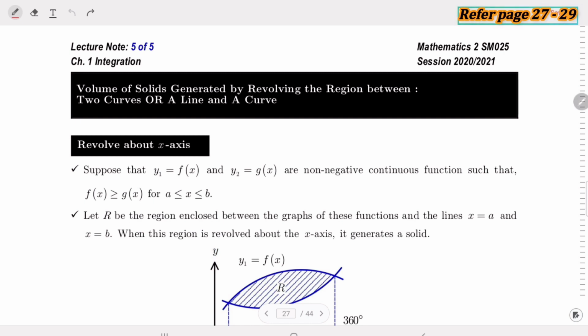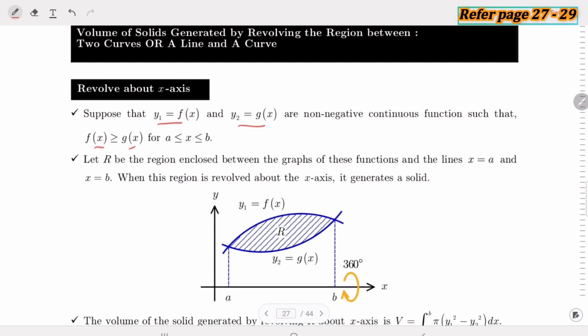Firstly, let's have a look at when the volume is revolving about the x-axis. Suppose that y1 equals f(x) and the other function, y2 equals g(x), are non-negative continuous functions, such that f(x) must be greater than g(x) for the limit from a to b.